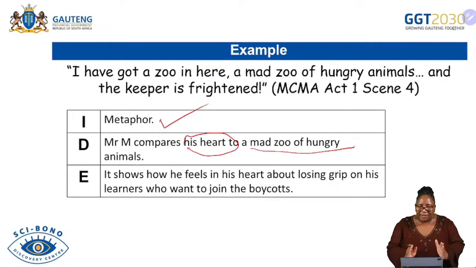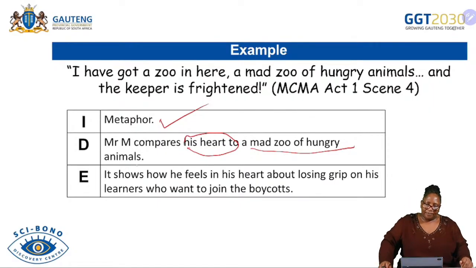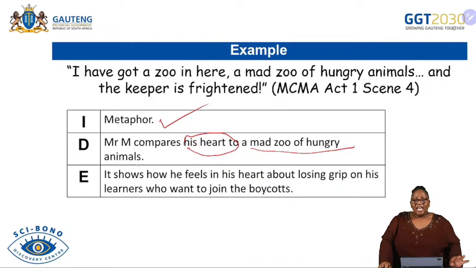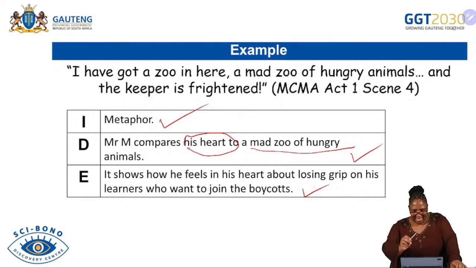So the description must be very specific. The explanation, it shows how he feels in his heart about losing grip on his learners who want to join the boycotts. So that's for the third mark. We have a second mark for the specific comparison, and then the explanation why the playwright here has made this particular comparison.